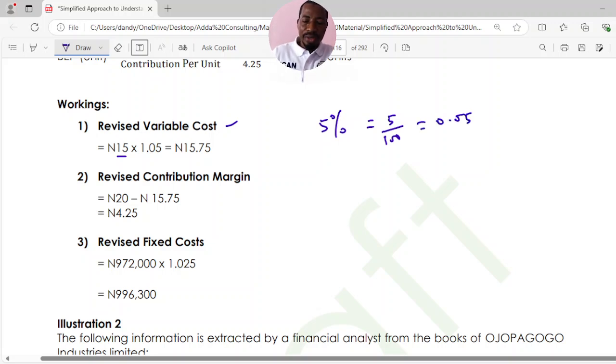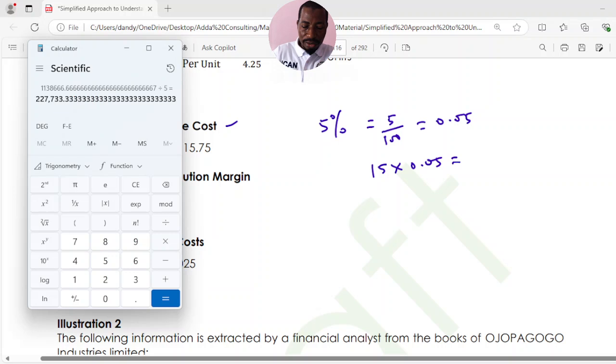Therefore, to determine the increase in variable cost, 15 naira, the original variable cost, multiplied by 0.05 is 0.75.